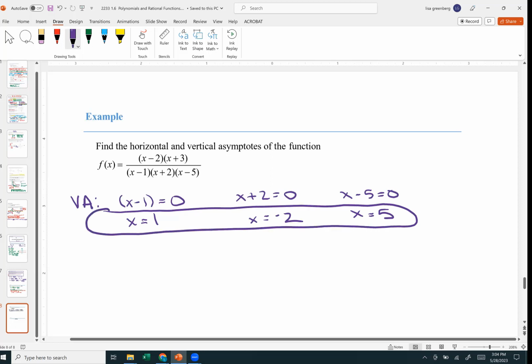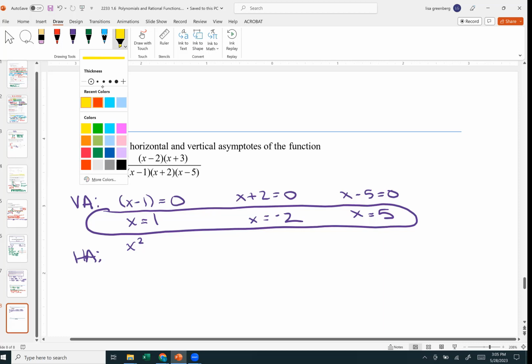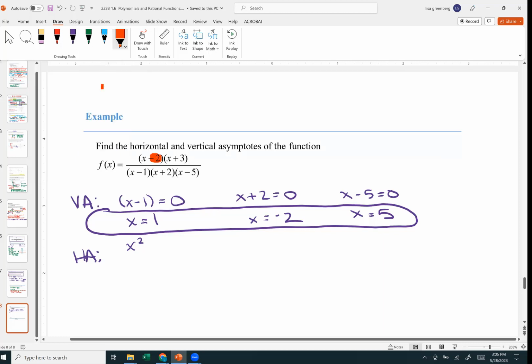Find the horizontal asymptotes. If I were to multiply those two factors at the top together, I would have a leading term of x squared. I don't care about the rest. Here's a really easy way to do it: get rid of all the pluses and minuses.